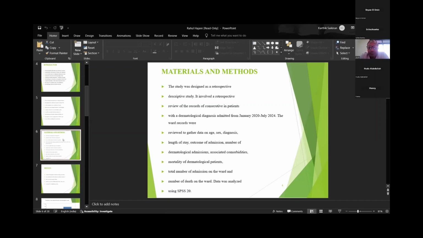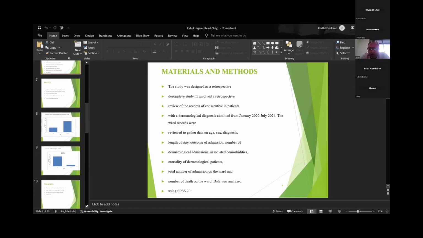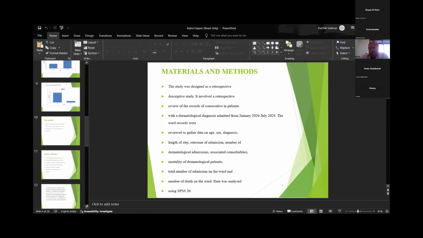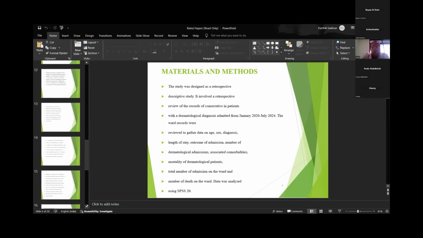The ward records were reviewed to gather data on age, sex, diagnosis, length of stay, outcome of admission, pattern and number of dermatological admissions, associated comorbidities, and mortality of dermatological patients. Total number of admissions on the wards and number of deaths on the wards were analyzed using the Statistical Package for the Social Sciences software version 20.